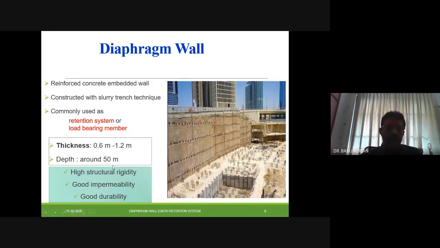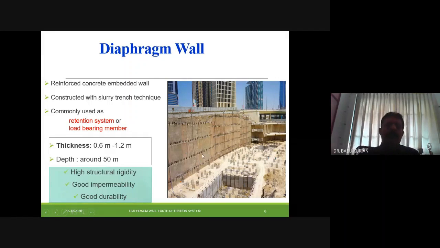Because of these reasons, we have to be careful about the structural rigidity, the impermeability, and the durability. If we are adopting diaphragm walls to go even up to 50 meters, the rigidity, impermeability, and durability are good. That much advantage is there only for diaphragm walls. That is the reason why we are using diaphragm walls.